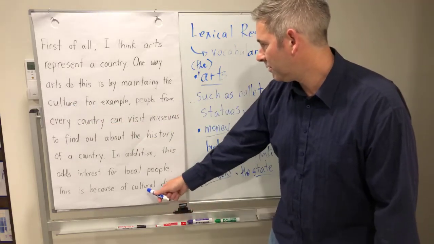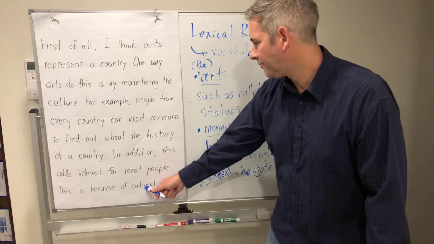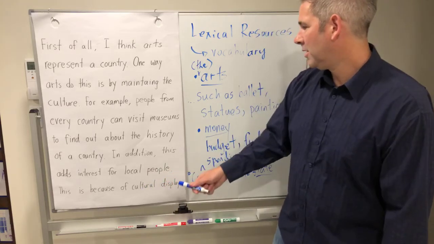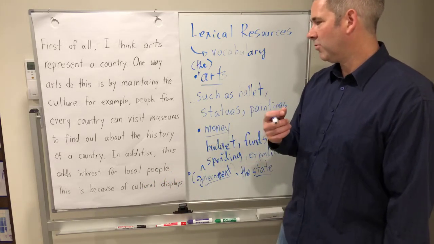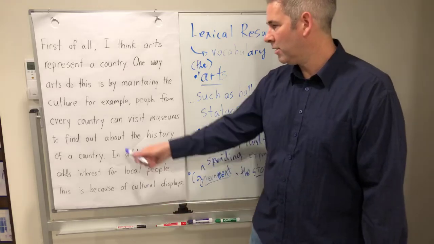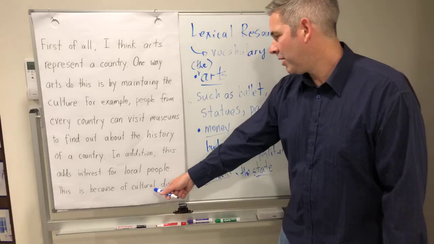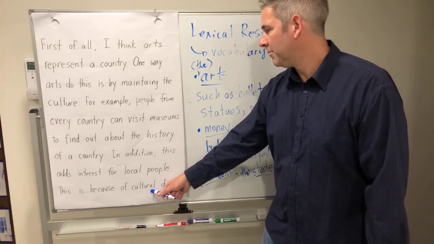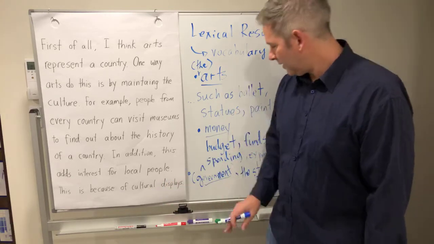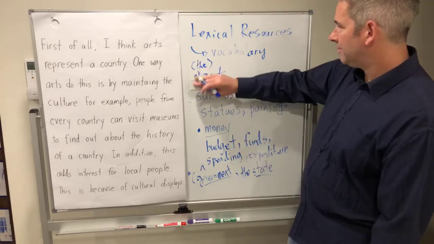Where else? There's a form of culture. So I can see a variation of the word culture, a different form here. So we have the noun, culture, and then we have the adjective form, cultural. Now, this is something I want to talk about next.